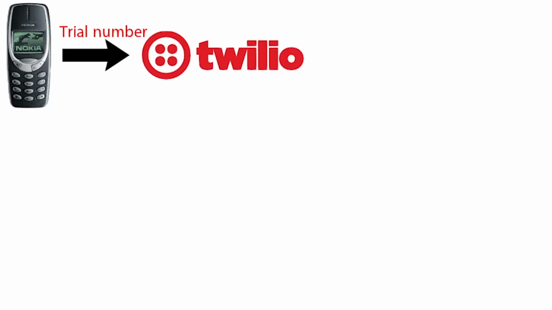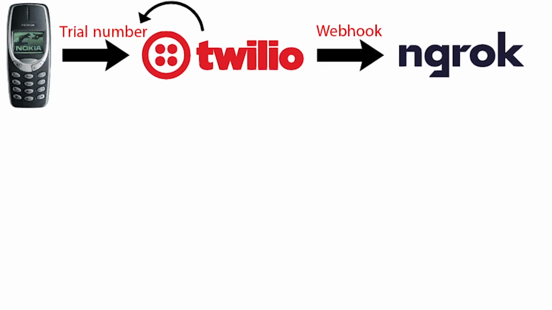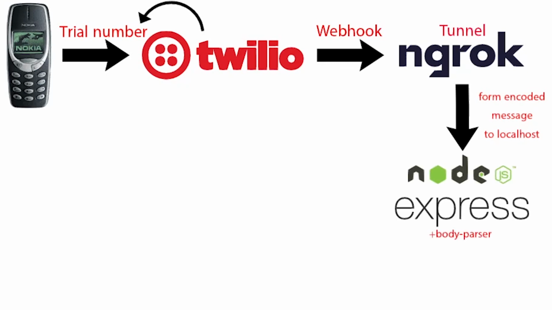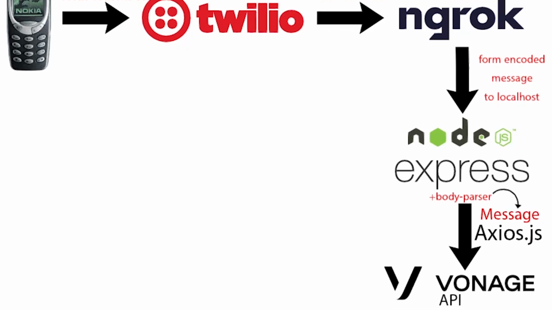Now I'll show you the overall idea. First of all, the person who has the Nokia phone will send a message to a Twilio trial number, which you will get from your Twilio account. Then Twilio will send a request through a webhook to the ngrok tunnel, which we will set up on our local machine. The ngrok tunnel will pass the form-encoded request to our Express and Node.js application, and we will use Axios to make a request to Vonage API to send the message to Messenger.